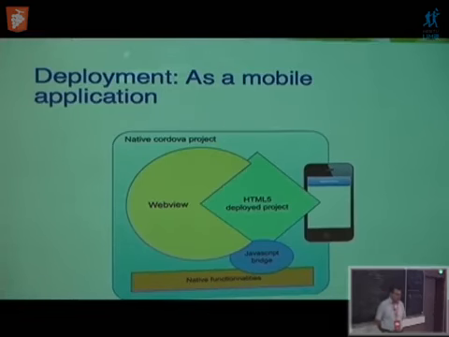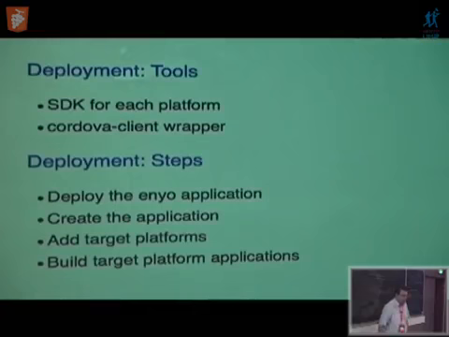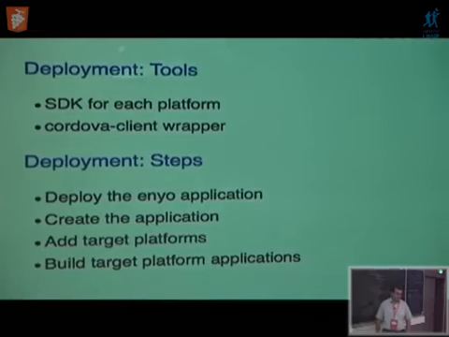In previous versions of Cordova, you couldn't use this toolchain for Windows 8, but it's possible in the newest versions. The tools you need to do that are the SDK for each platform and the Cordova client wrapper.